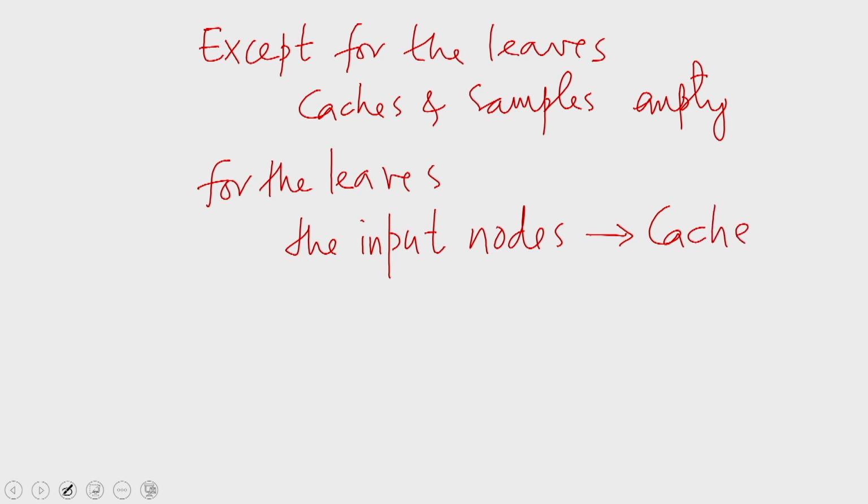Remember, the leaves have caches of size 1 each. So, the cache can hold only one element, one input element is held by each node. The sample arrays are empty for the leaves as well. So, at the beginning of the algorithm, the sample arrays are empty all over. The cache arrays are empty everywhere except at the leaves. At the leaves, each cache will hold one element.